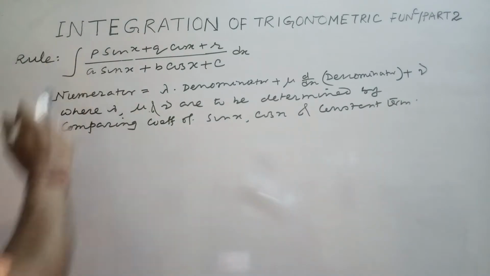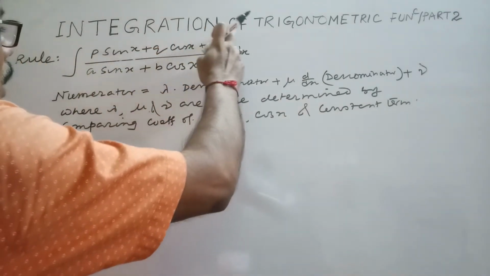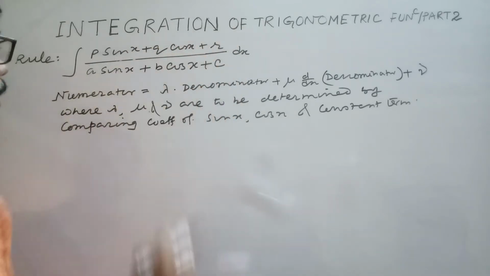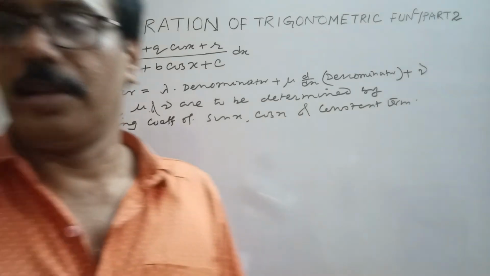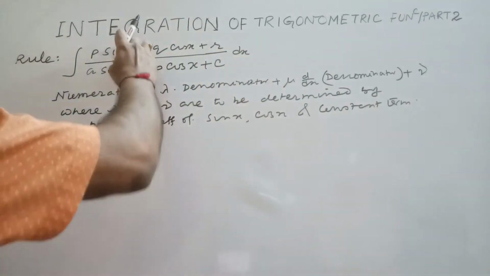Rule: integration of (p sin x plus q cos x plus r) by (a sin x plus b cos x plus c). This is the general form. So, what is your rule?